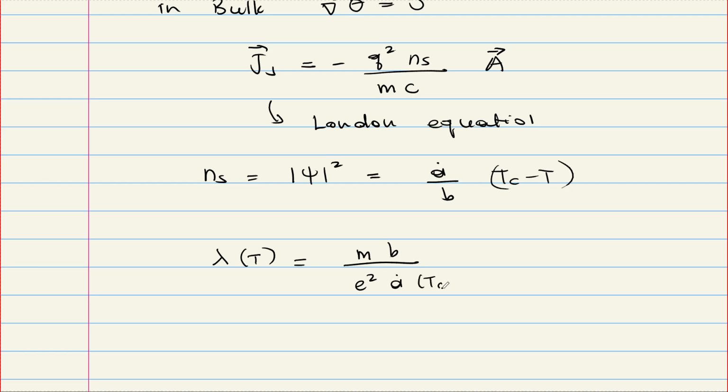What is important for us is this square root of Tc minus T, and it is proportional to Tc minus T over Tc to the minus a half, which we call the reduced temperature to the minus a half.